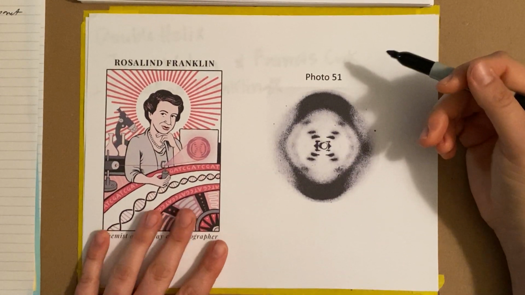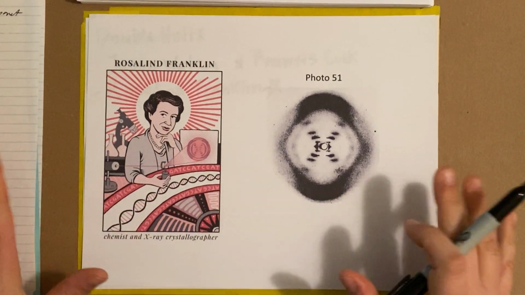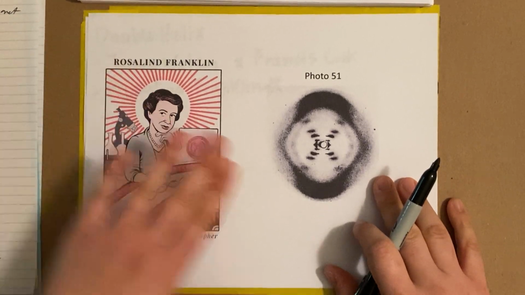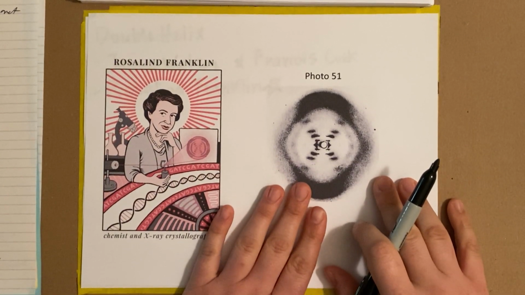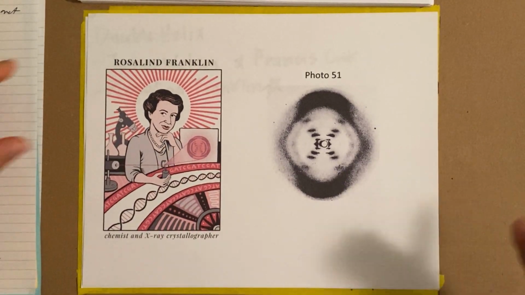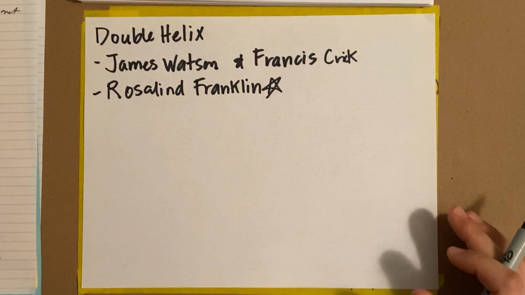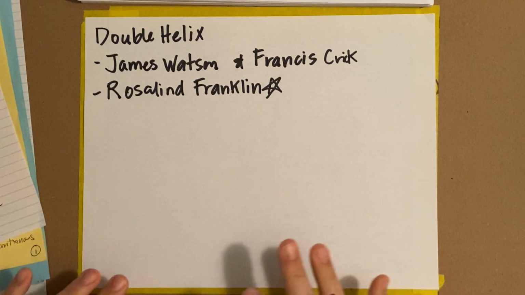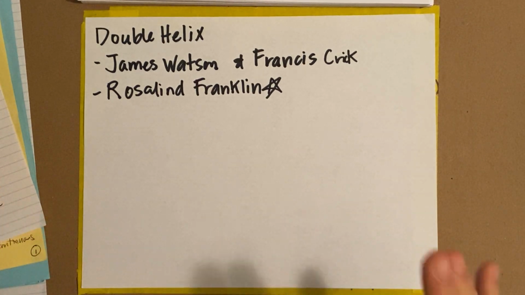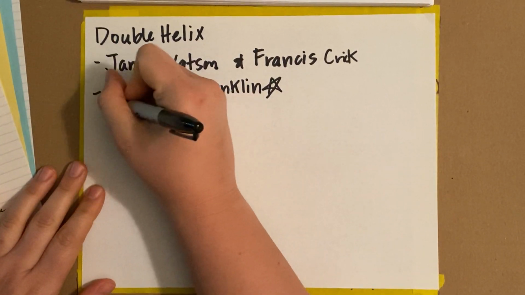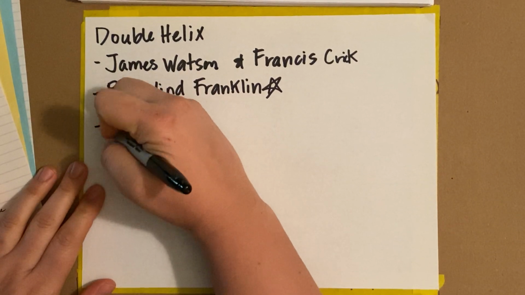So if you watch the video, I'll give you a little more background about that whole story with Rosalind Franklin. But the main thing just to recognize is that Rosalind Franklin ultimately took the photo that allowed Watson and Crick to develop their idea of the double helix. Now, the double helix is really important because it immediately suggests a possible copying mechanism for the genetic material. So let me just write that down. And this is actually something that both Watson and Crick said.